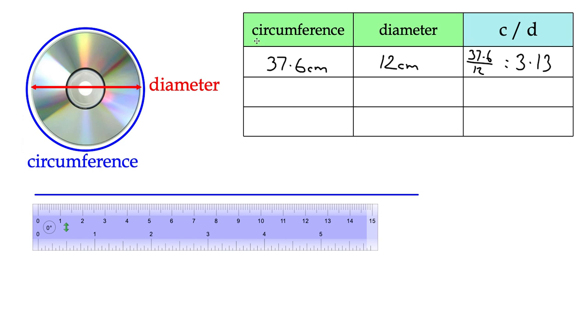Okay, so a few other examples that I've got are, I had an object that was 19 centimeters in circumference and 6 centimeters in diameter. I had another one that's 48.1 centimeters and 15.5 in diameter. If we divide 19 by 6, we end up with 3.17, if we're rounding it to 2 decimal places.